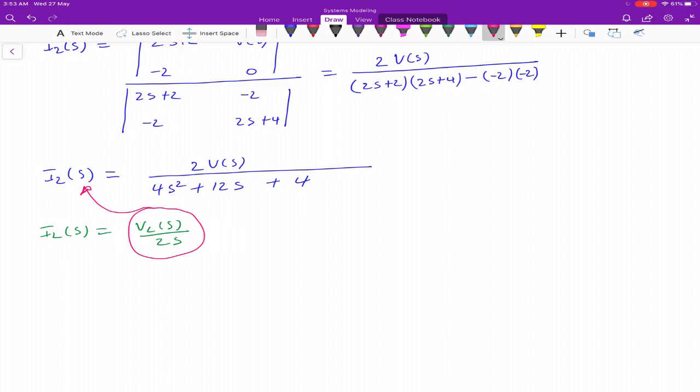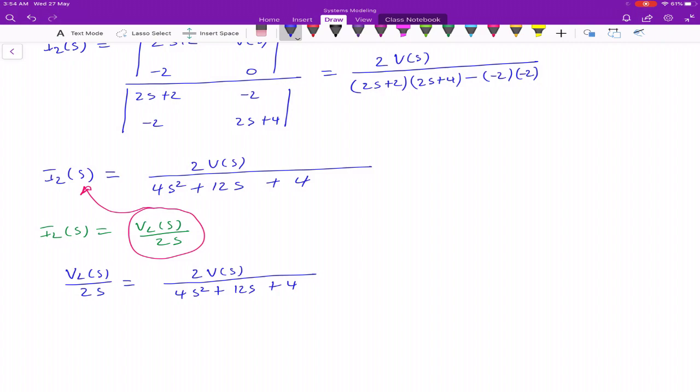Then at least we are introducing a VL into our equation because we want the VL over VS. Alright, so if I do that, I'm going to say, just rewriting this, VLS over 2S is equal to the main equation, 2VS over 4S squared plus 12S plus 4.